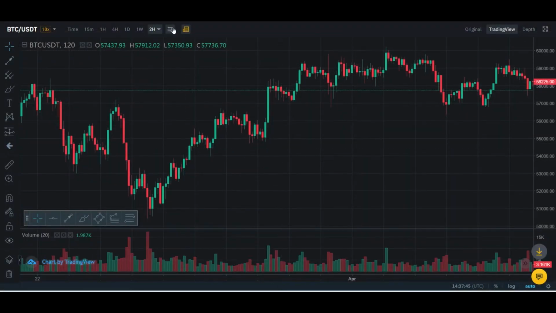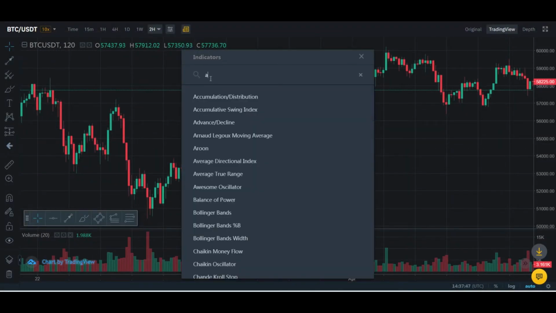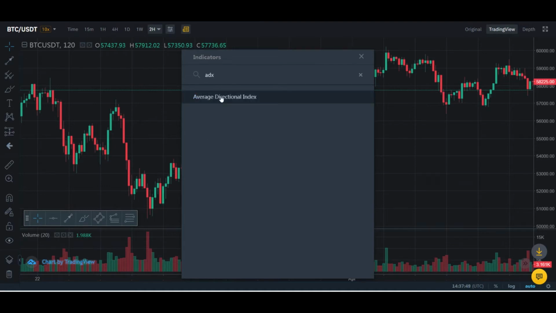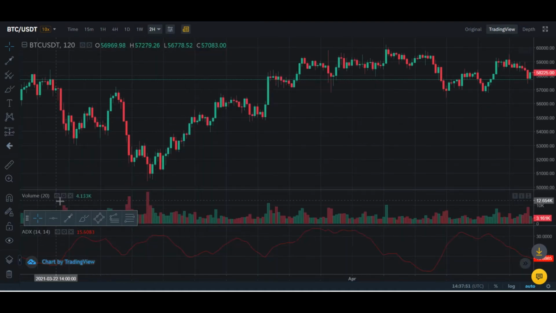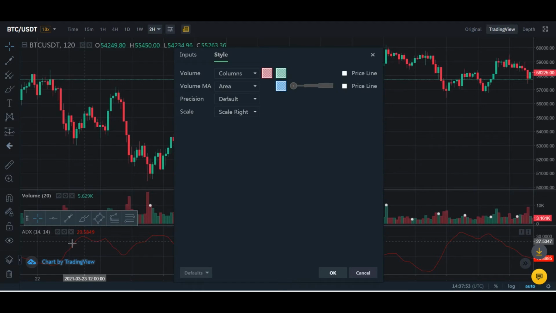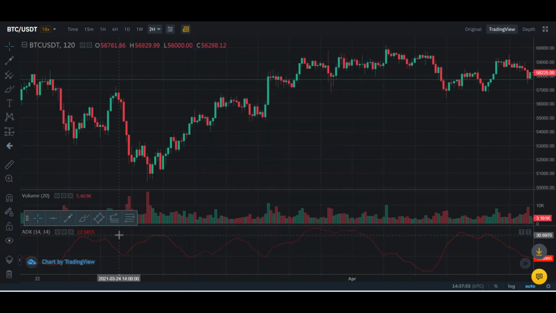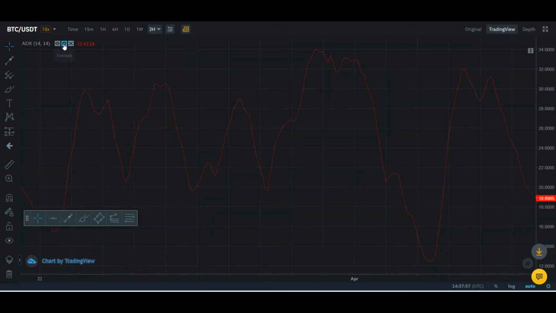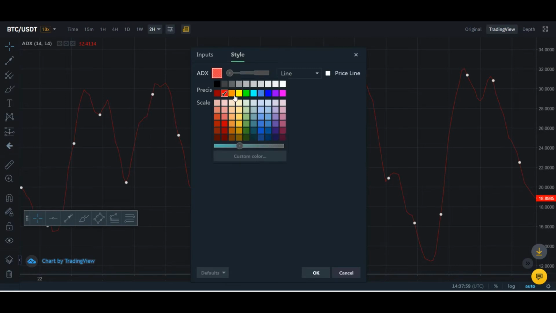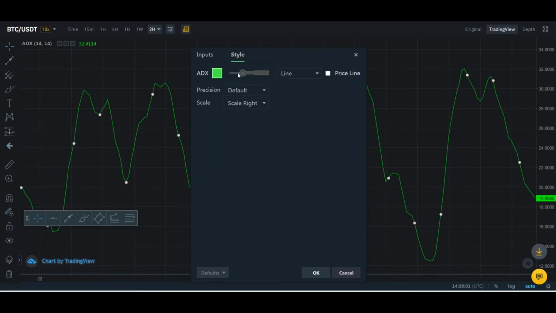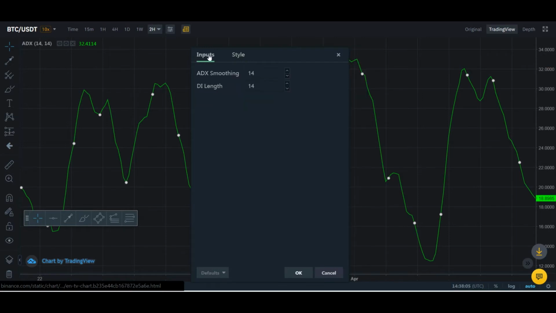Okay, so ADX, Average Directional Index, stands for the strength of the trend. If it's over 25, it will be a strong trend, whether it's an uptrend or a downtrend. Be very careful about this, okay?